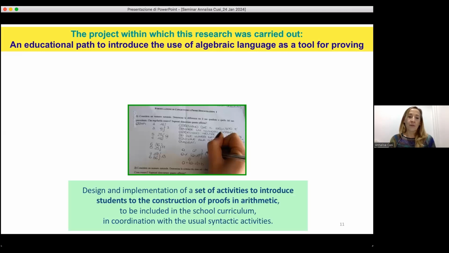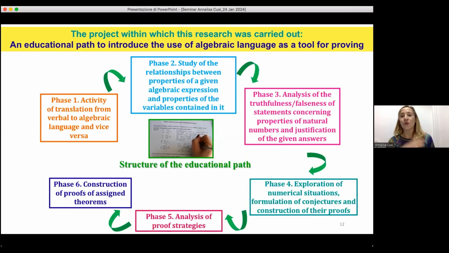In particular, I focused on the design of a set of activities aimed at introducing students to the construction of proofs in arithmetic. Now I do not have time to show all the activities, but I want to share at least the structure of the educational path.